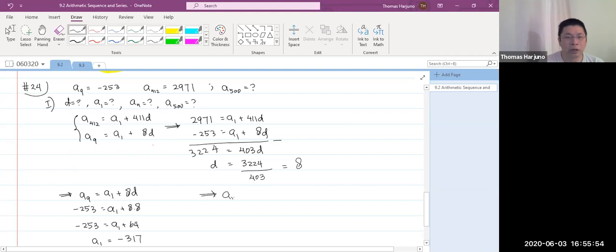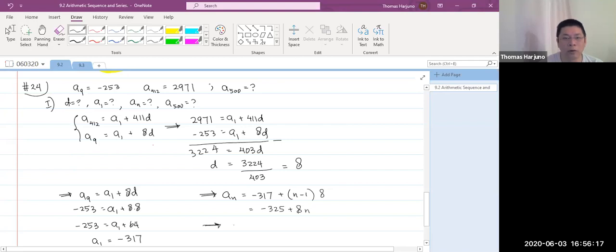Now, consequently, the general term will be the first term, negative 317, plus n minus 1 times 8, which is negative 325 plus 8n.